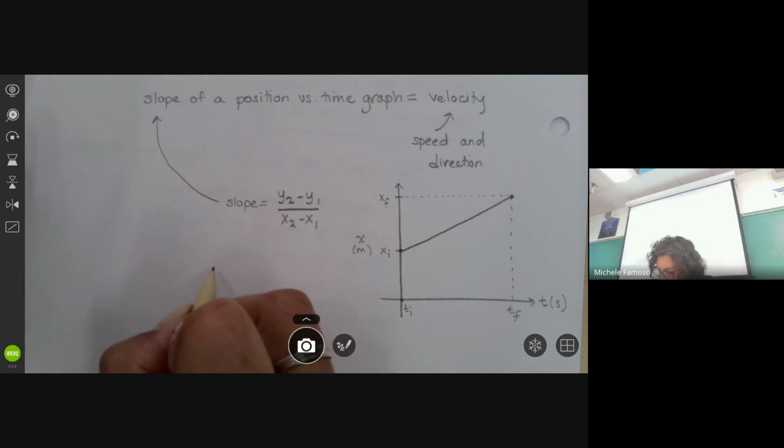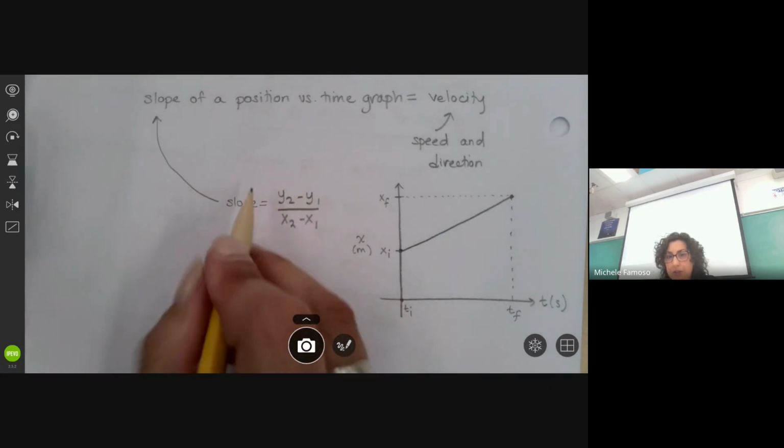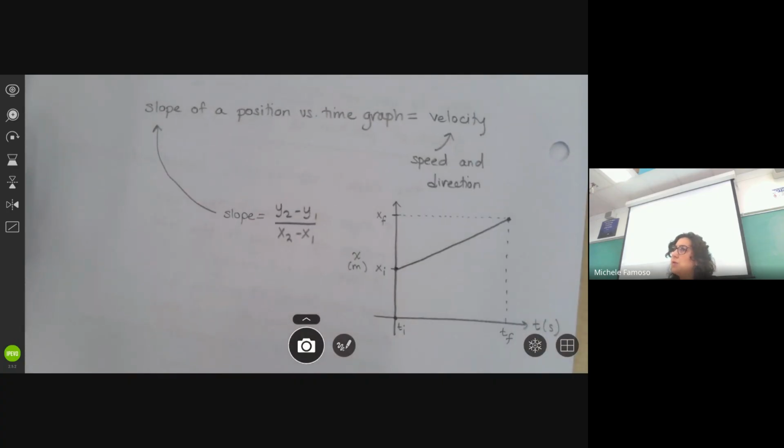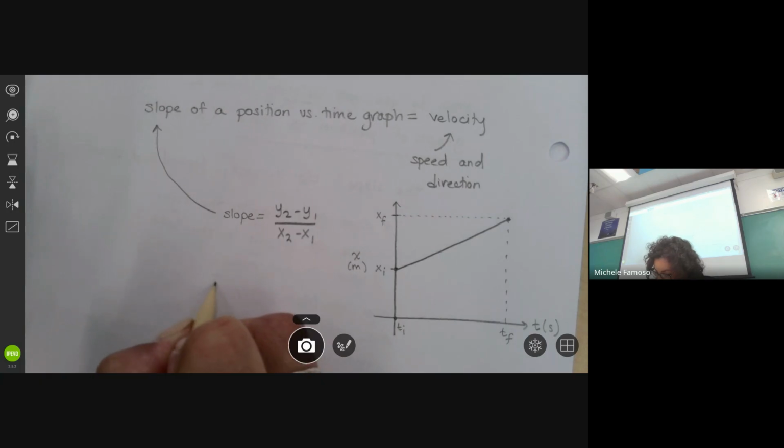Which means that if I were to change out the letters here, slope is velocity. Do you remember what symbol we use for velocity? I'll help you out. It starts with a V. What else is there? The arrow over the top. All right, so we have V with the arrow. I'm changing slope to V with the arrow.